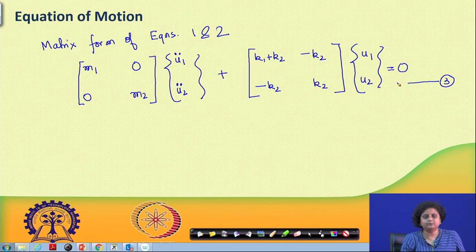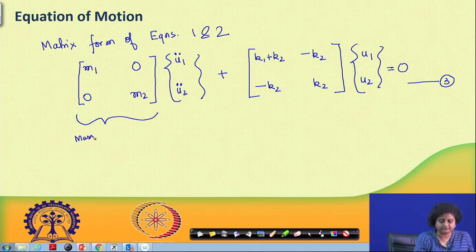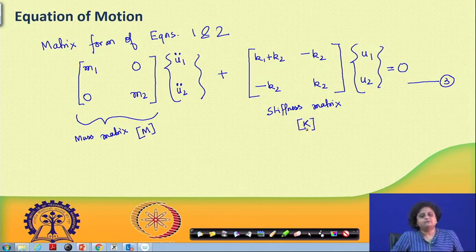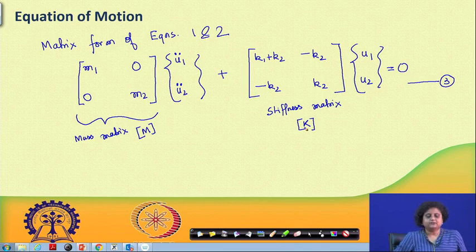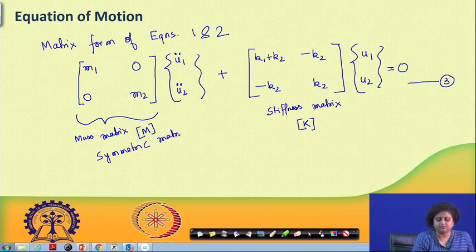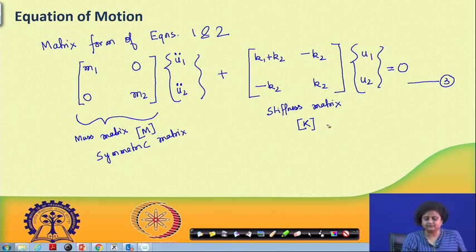Once we write the equations of motion in this matrix form, this matrix is called the mass matrix, expressed as M, and this matrix is called the stiffness matrix, expressed as K. For a linear system, both the mass matrix and the stiffness matrix are symmetric.